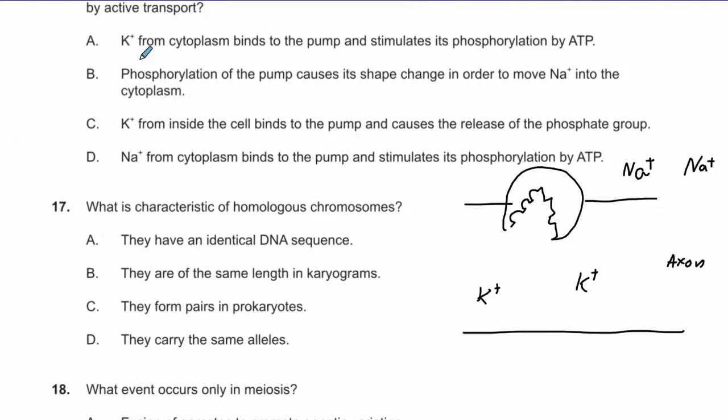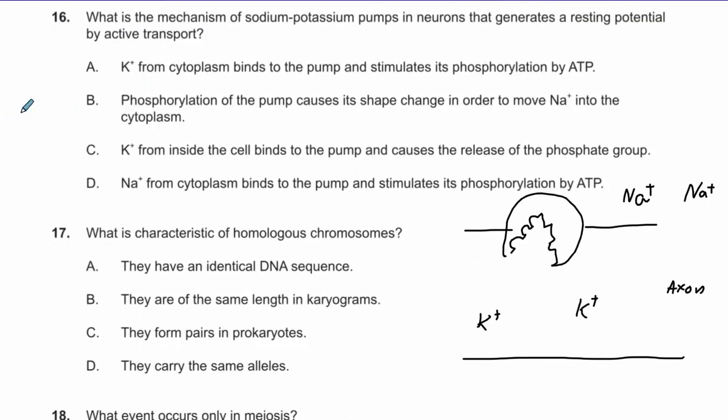So A says, let's look. The question is, what is the mechanism of sodium potassium pumps in neurons that generate a resting potential by active transport? A, potassium from cytoplasm binds to the pump and stimulates its phosphorylation by ATP.